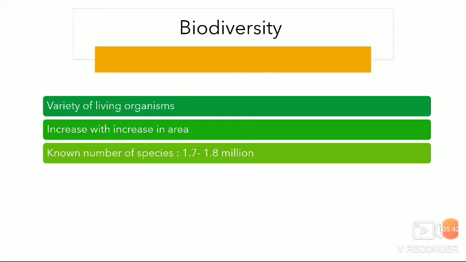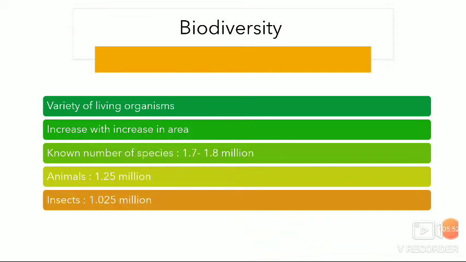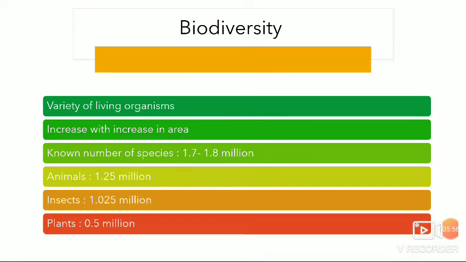These are in tropical rainforests and many areas where we cannot reach. Animals are 1.25 million and insects are 1.025 million. Plants have 0.5 million species.